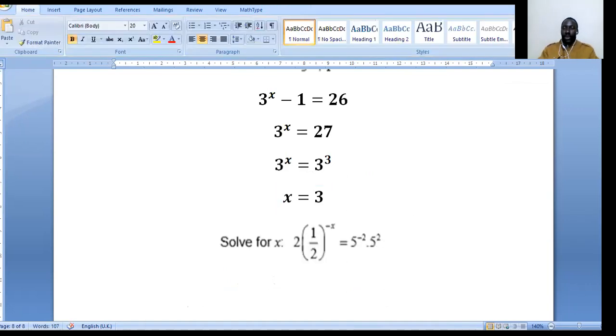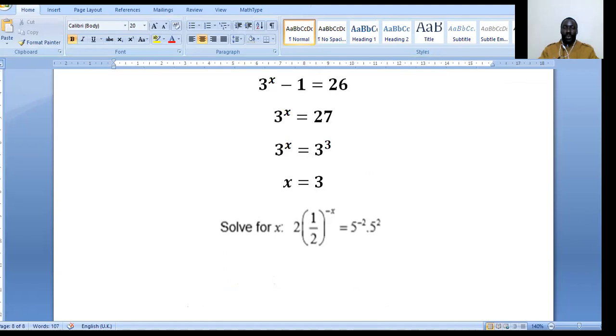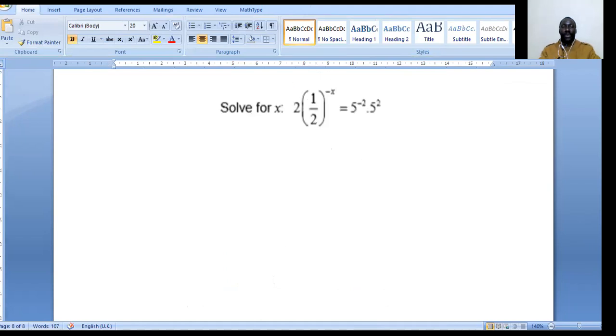All right, so we are supposed to solve for x, to find the value of x. How do we solve for x in this? Let's see. We have to find the value of x from this.